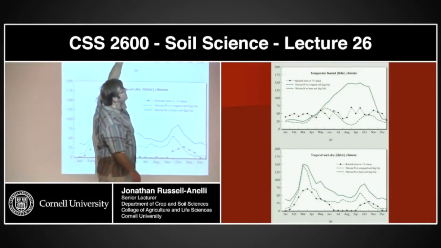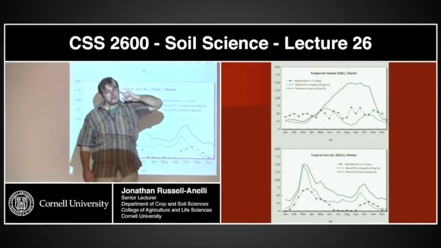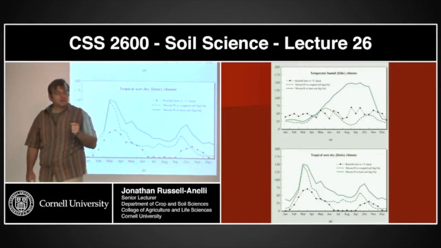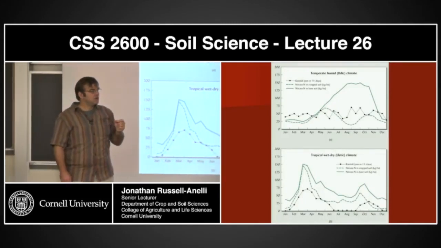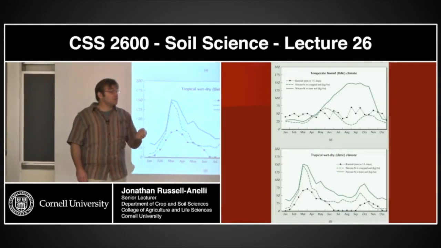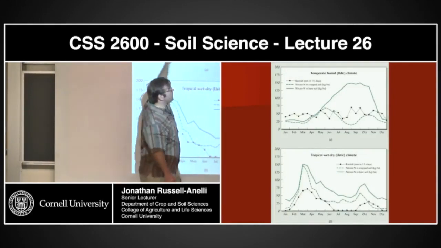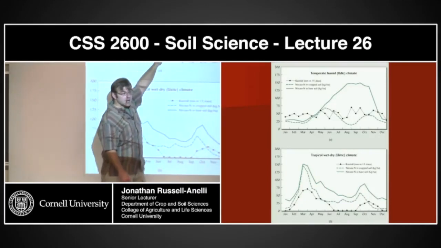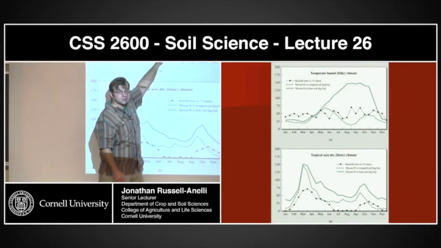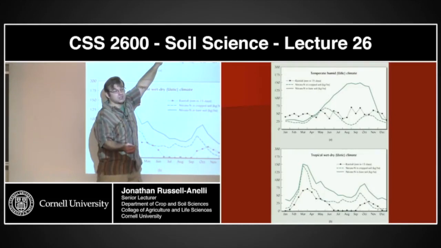But we're seeing an increase in nitrate. What's happening? What's happening is nitrification. This might be the growing season for crops, but if I have a warmer temperature, I'm going to have more biological activity, which means I'm going to have more nitrification.